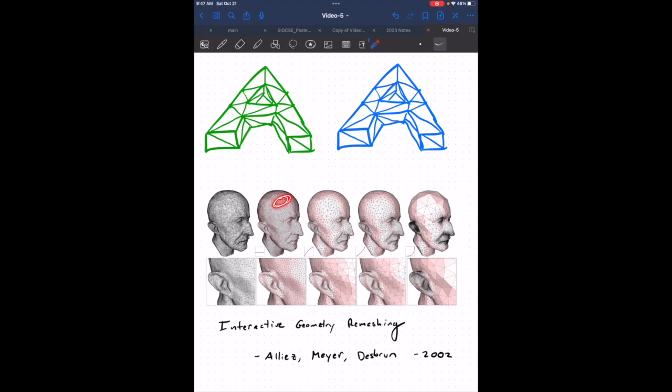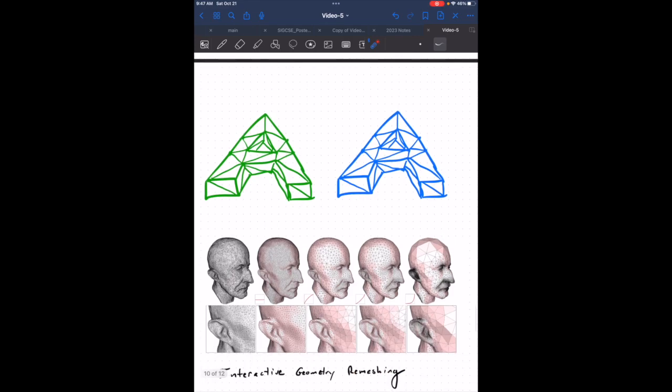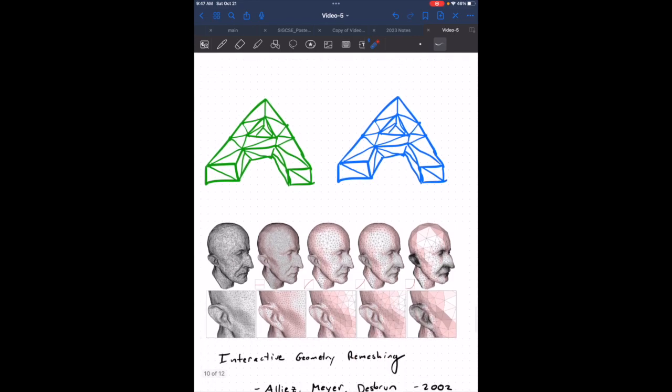So we have lots of points here on the forehead area that have very small curvature. So now instead of removing 0 curvature, I'm just removing some threshold. And we can see we still get a pretty good representation of Max Planck here. And around the ear, we have lots of curvature, so we're going to retain a lot of vertices there. But on the forehead, things are a little bit smoother and we can get away with less.